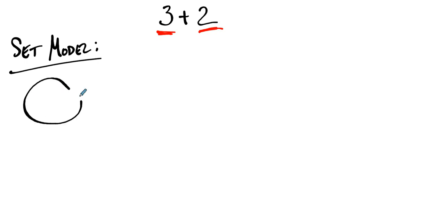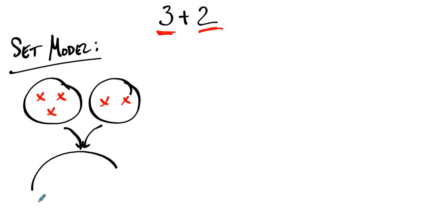In the set model, you take 2 sets of objects. One of the sets has 3 objects, and one of the sets has 2 objects, and then you combine those into one big set with 5 objects. And so 3 plus 2 is 5.